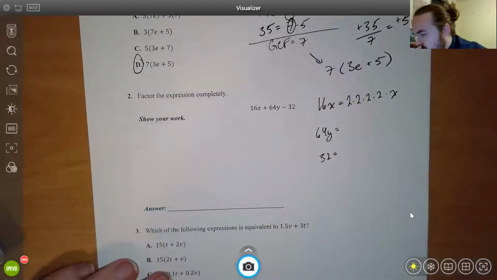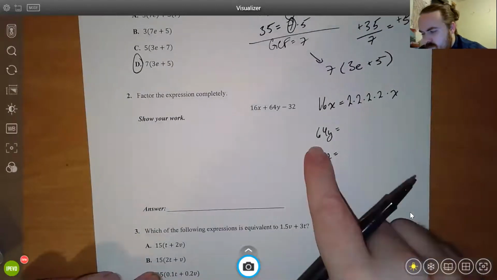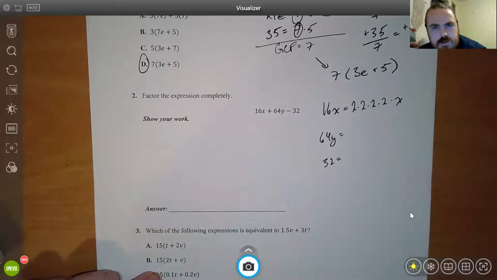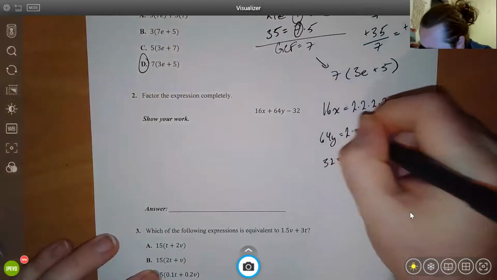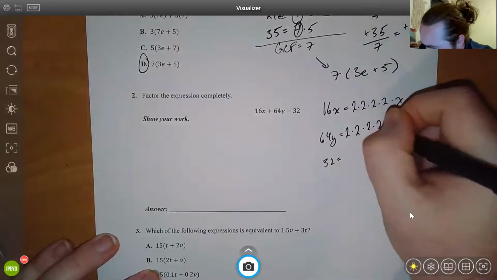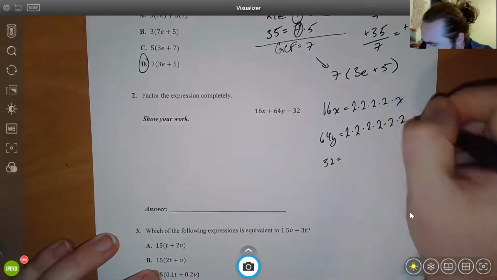Well, 64 is also related because 64 is 4 times 16. Oh, so that 4 is again just 2 times 2. So I must just have 2 times 2 times 2 times 2 times 2 times 2 times y.